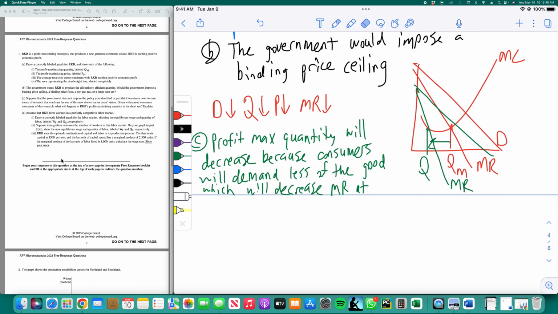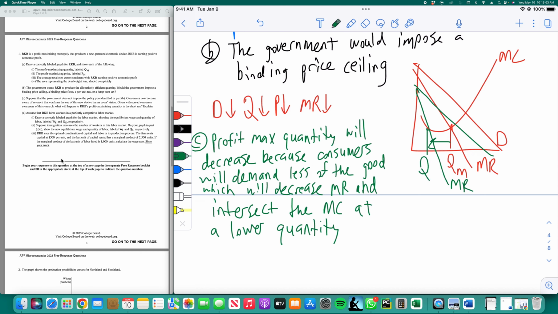The marginal revenue will intersect the marginal cost at a lower quantity.